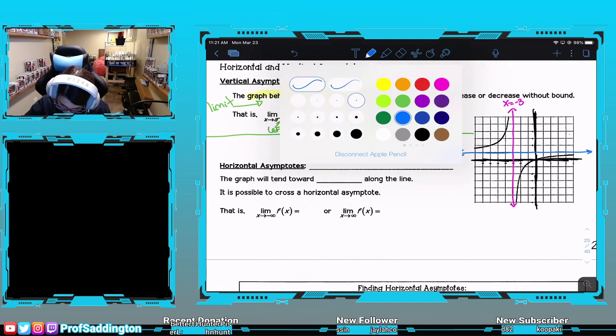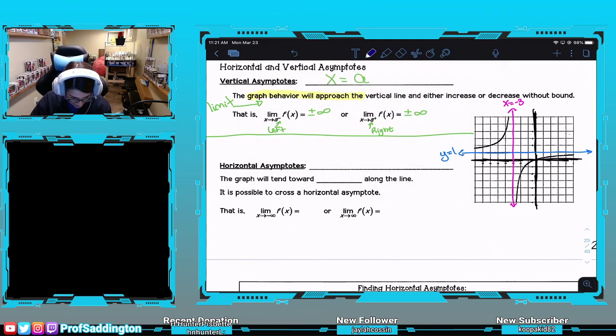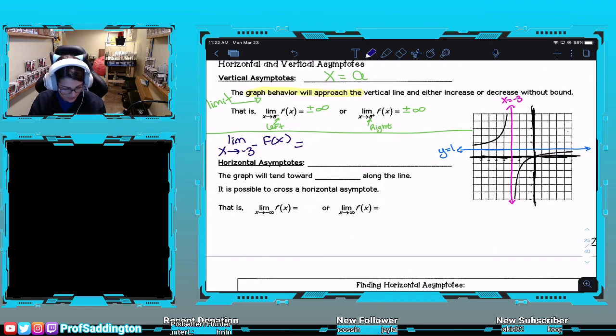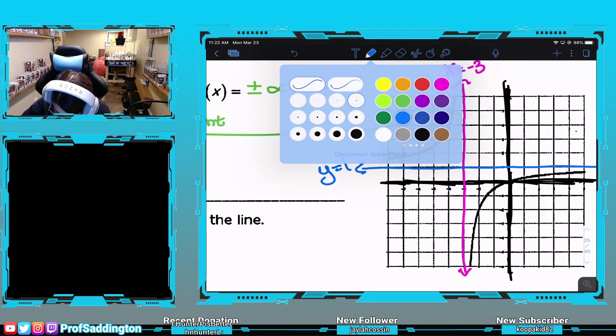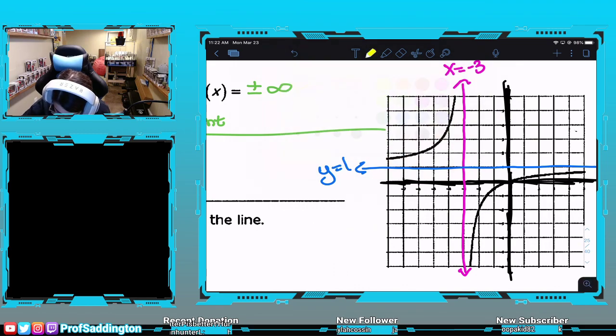So let's do some limits. Let's do the limit as x approaches -3 from the left of that function f of x. In this case, you want to take your pen and work from the left and see where that curve takes you.